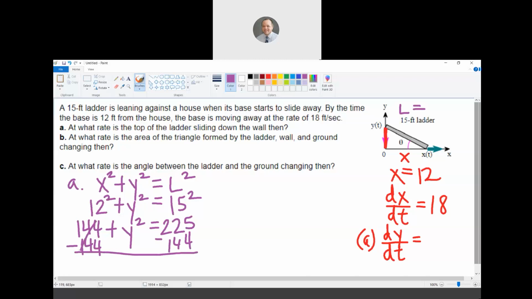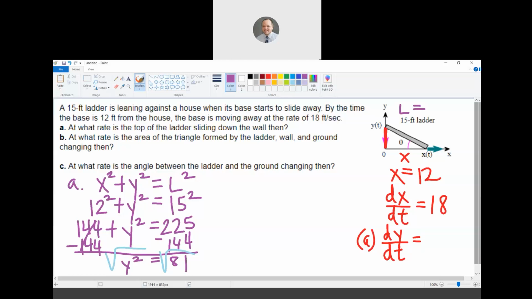And that gives us y squared equal to positive 81. Normally, when we solve for a square, we take the square root of both sides, and normally we get two answers.